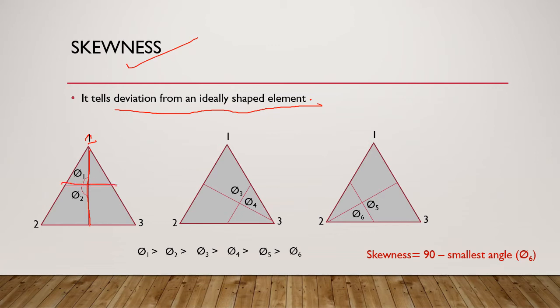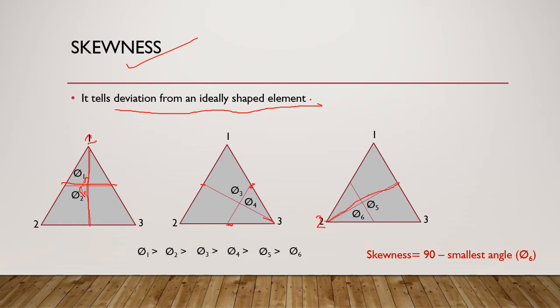Now you will get two angles, phi 1 and phi 2. You note down these two angles. Similarly, you repeat the process for the other two nodes. Let's say here node number 3, you start from node number 3 and go to the opposite edge and join here, and similarly join the midpoints of the other two edges. Similarly repeat the process starting from node number 2.